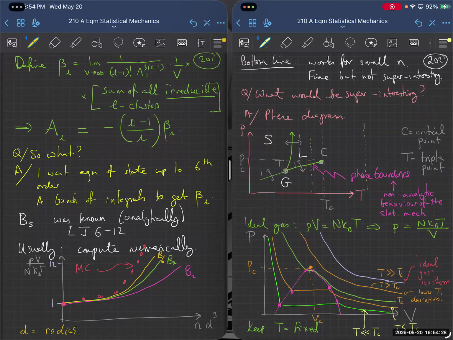Imagine that we're at this temperature below TC, and now I'm increasing the pressure, going in this direction. So I keep going up this curve.